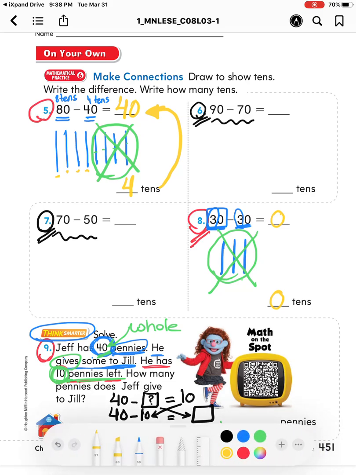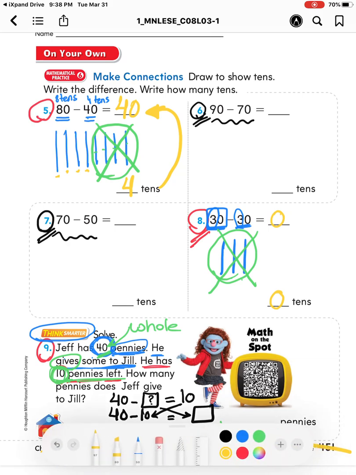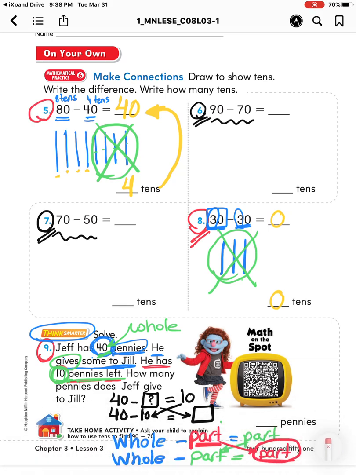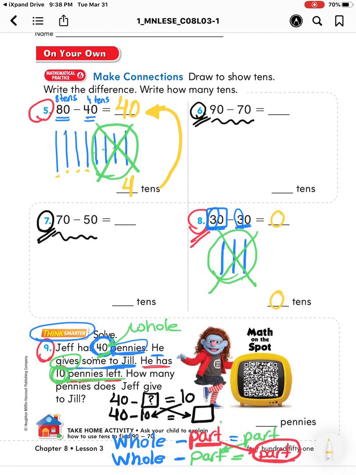Now we will draw how many tens to figure out how many tens. 4 tens. 1, 2, 3, and 4.